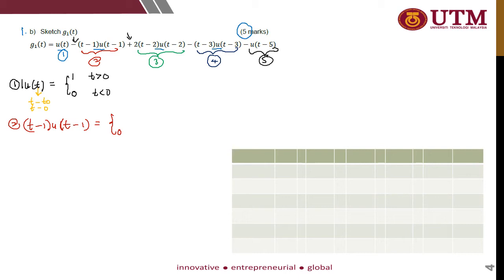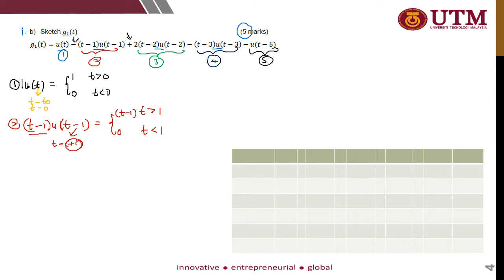The maximum magnitude is any values in front of the u, so in this case, it's t minus 1. How about the range? Compare with the one in the bracket, it's t minus, basic shifting is t minus positive 1. So the range is between t less than 1 and t larger than 1.